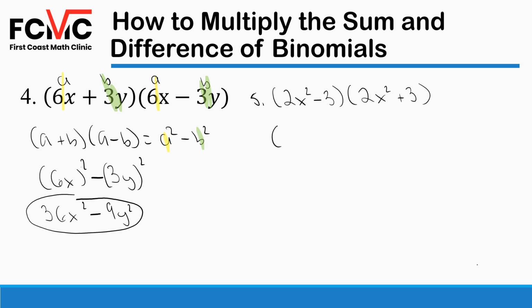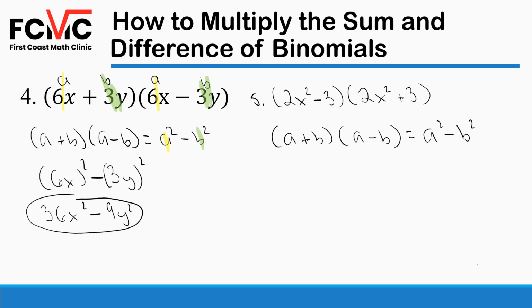Well, we're using the same rule, A plus B, A minus B equals A squared minus B squared. And multiplication is commutative, so we could have minus plus and then plus minus. The commutative property of multiplication allows us to do that.